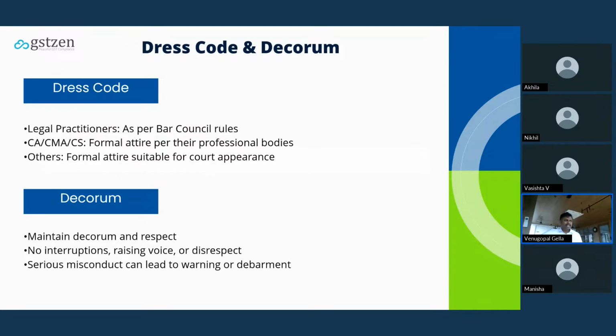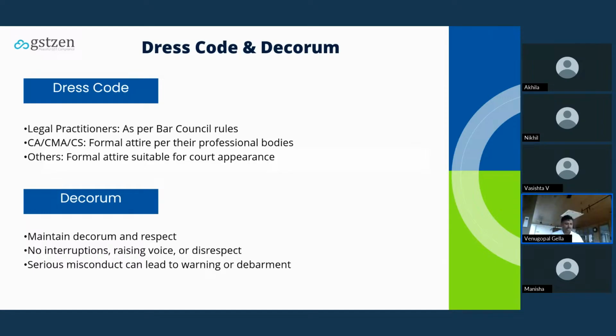The dress code for legal practitioners is as per the Bar Council rules. For chartered accountants, it is formal attire. So you have to be formally dressed. Maintain decorum. You cannot have any interruptions while the matter is being heard. You cannot raise your voice. You cannot disrespect them. You cannot nudge. This would be treated as serious misconduct, and it could lead to a warning or debarring you from appearing again.